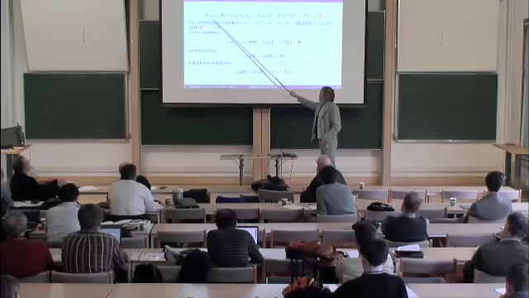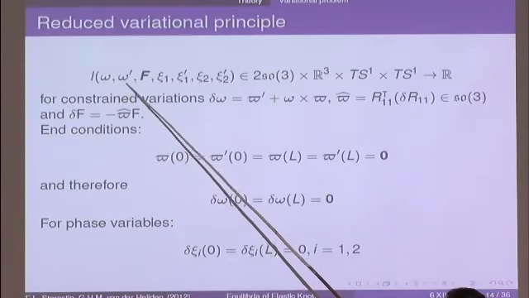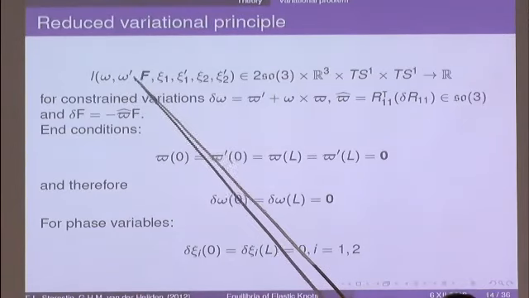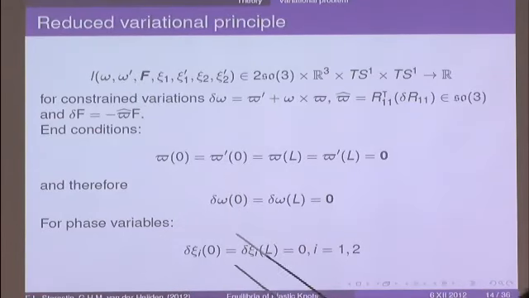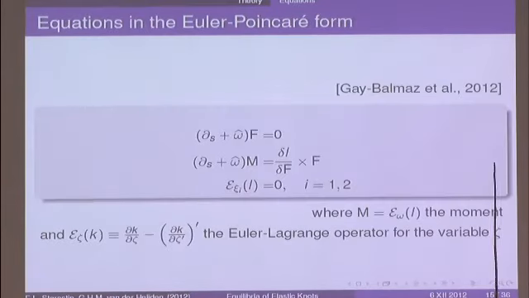Instead of coordinates, the Darboux vectors appear here, but it is a second order Lagrangian. And now we can use the recently developed theory due to Gay-Balmaz and Tronci.